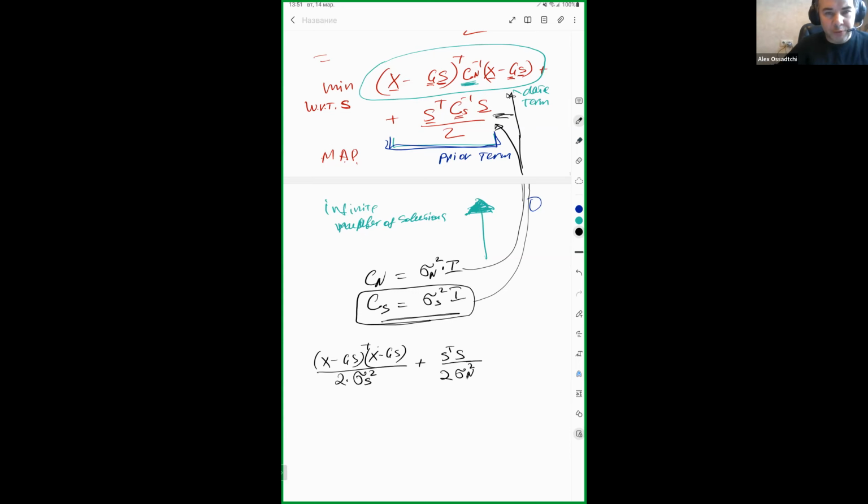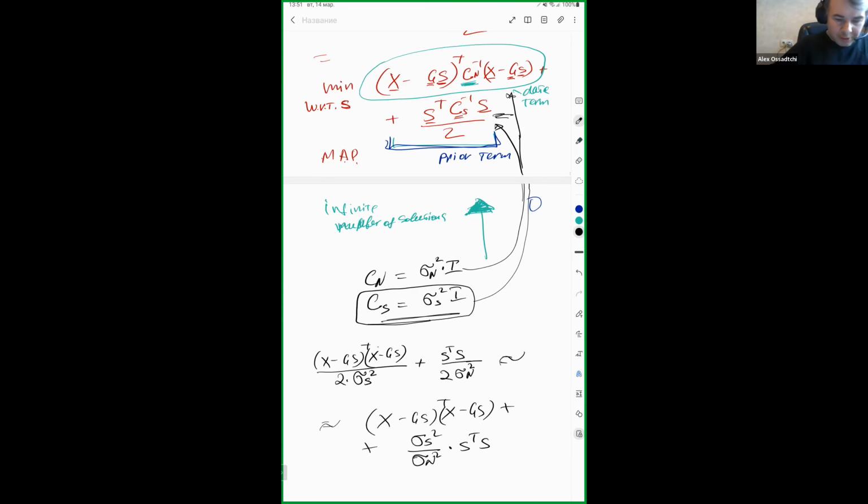The only thing left is sigma squared, and this norm becomes simply S transpose S, the sum of squares of S. If you multiply both sides by sigma S squared, because sigma S is fixed, this is proportional to (X minus GS) transpose (X minus GS) plus sigma S squared divided by sigma N squared multiplied by S transpose S.